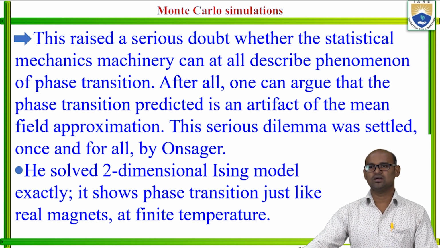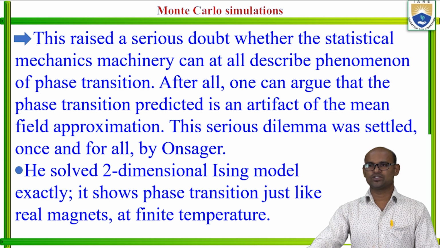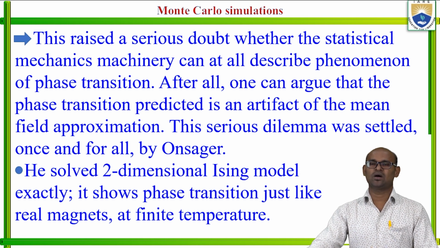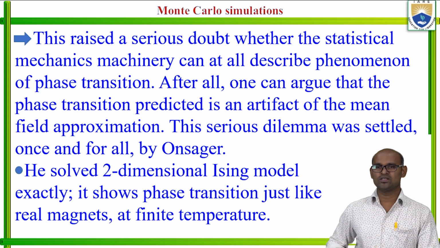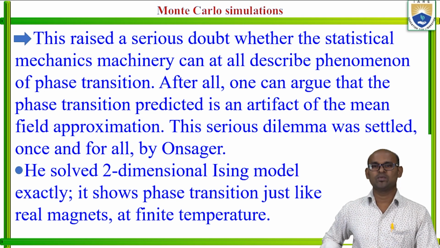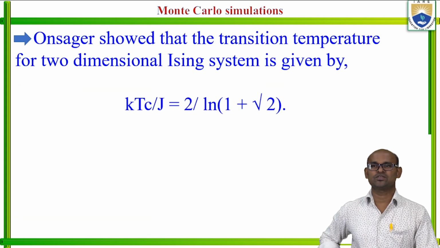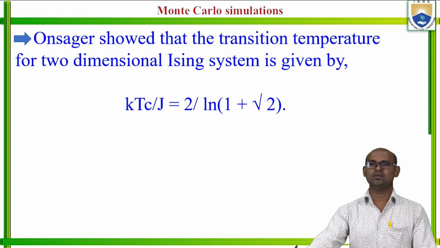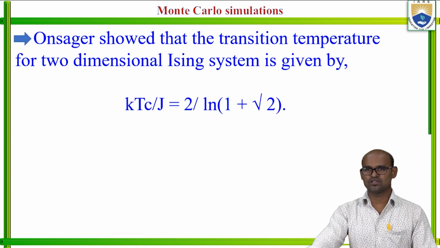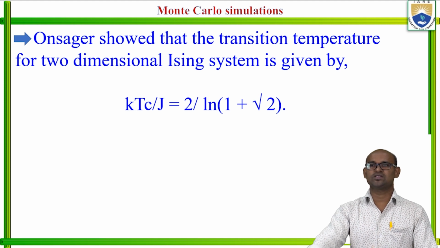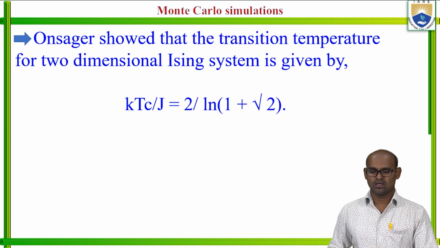He found that there is a phase transition, as predicted by mean field approximation. Onsager showed that the phase transition temperature for the two-dimensional Ising system is given by this equation.